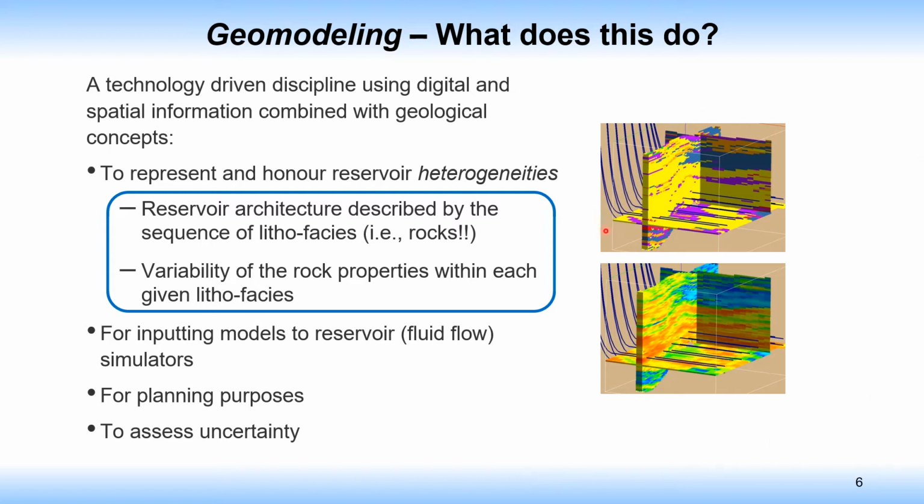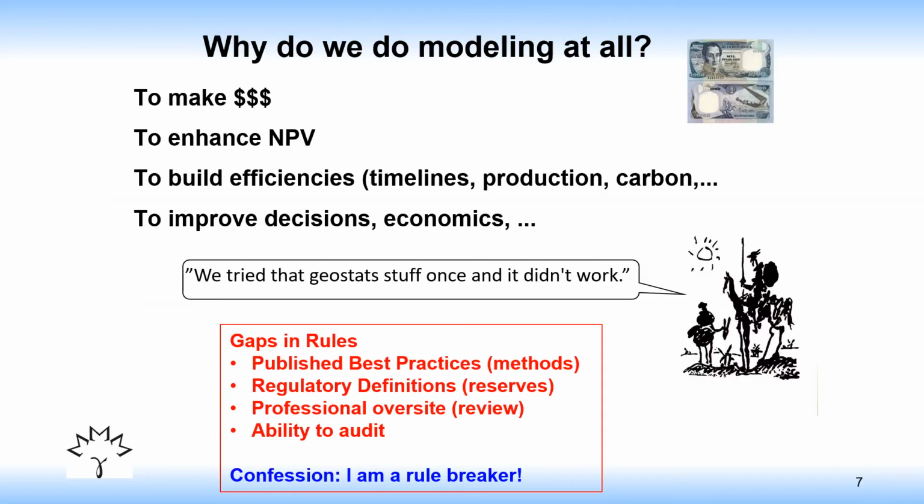So these are just pad scale models showing facies. There's a nice mud plug channel, low porosity shown here in the mud plug, for example. So it helps us understand performance on a pad. Why do we do modeling at all? Well, there's a profit motive, of course, but in defining our projects, we're trying to enhance the net present value, today's value of the project as we plan it out into the future.